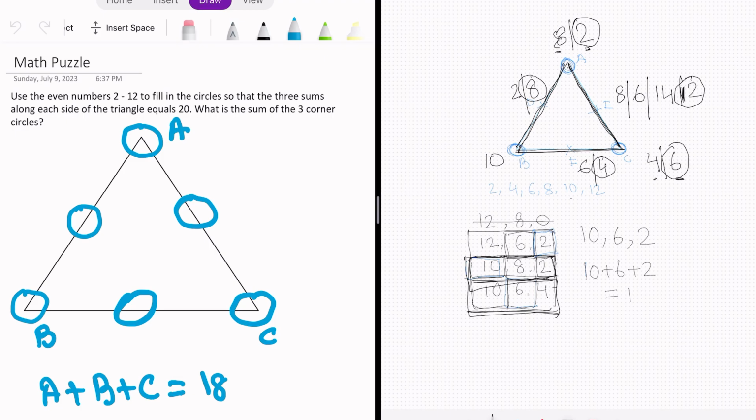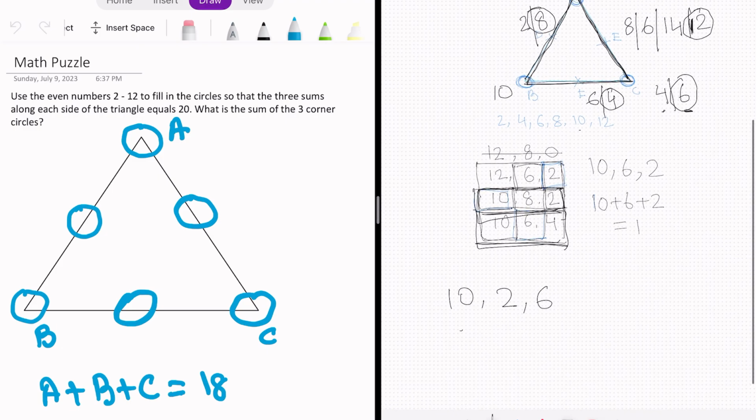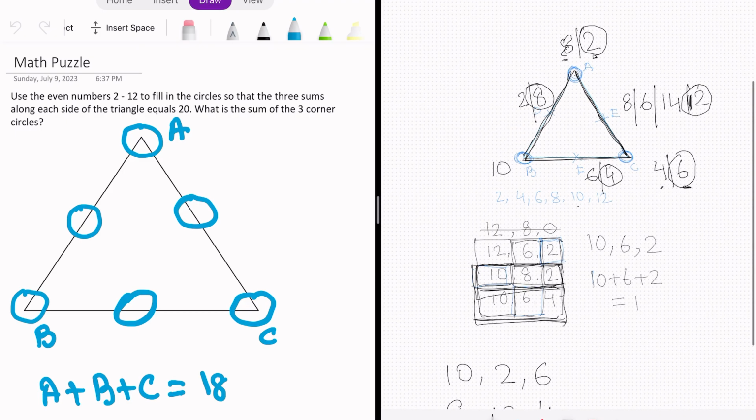That's the only possible option that you have. So even if you try to solve this problem in this way, the corners are coming out to be 10, 2, 6, and the sides are coming out to be 8, 12, and 4. Thank you.